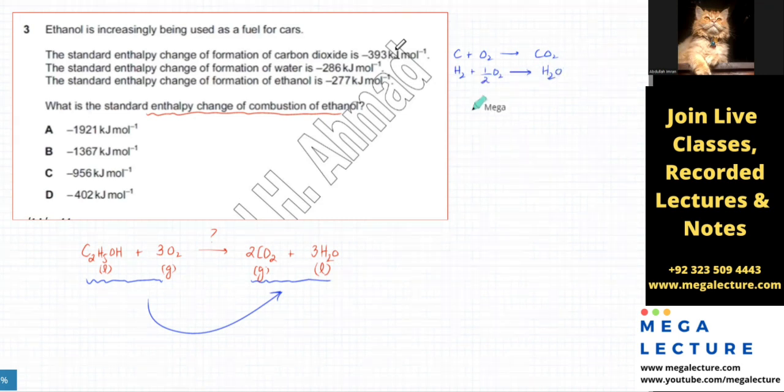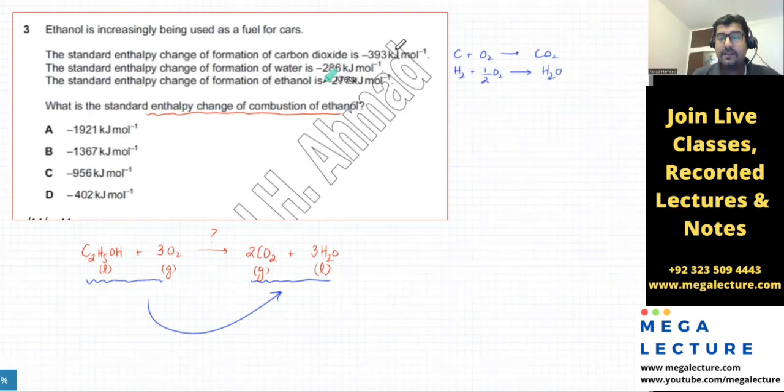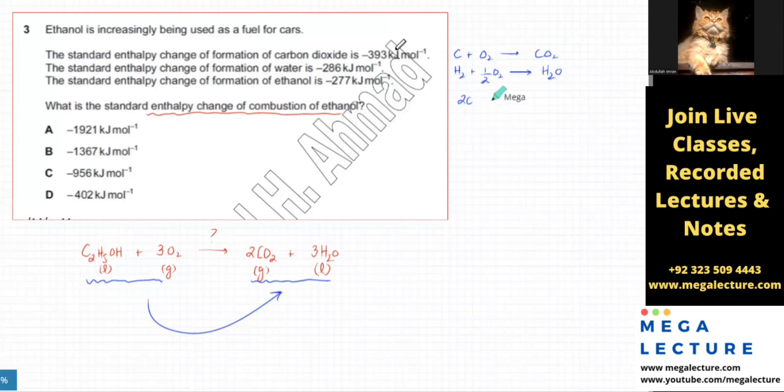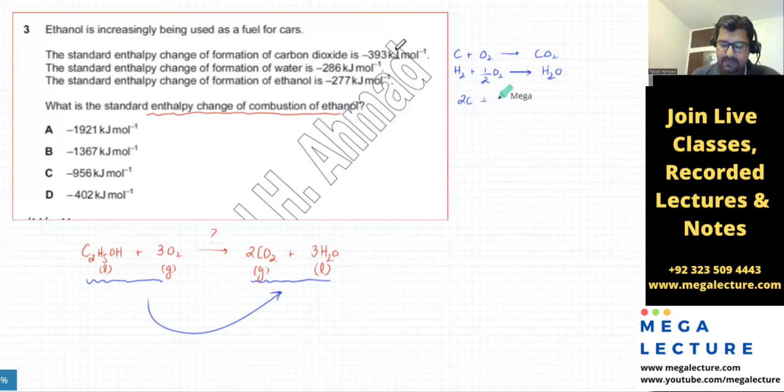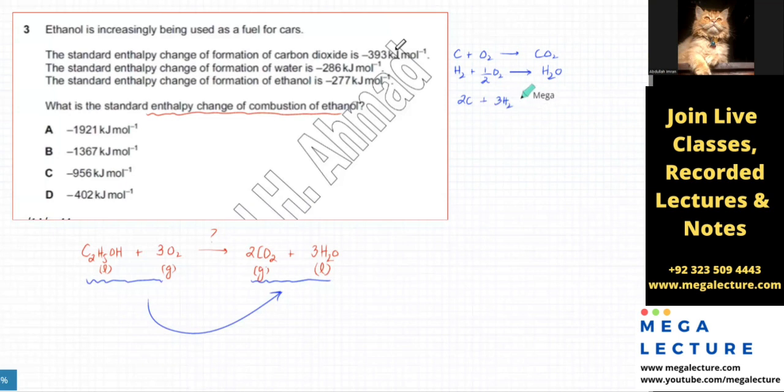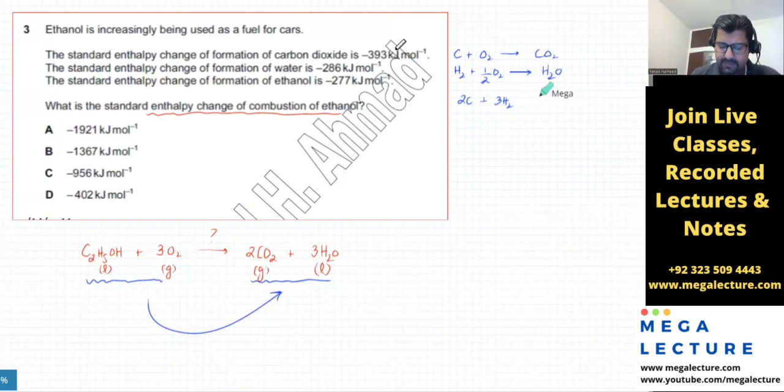And they've also given me the enthalpy of formation of ethanol. That's ethanol being formed from its elements: 2 carbons plus 6 hydrogens, that's 3 H2s. And you need oxygen as well for ethanol formation, that's half O2.